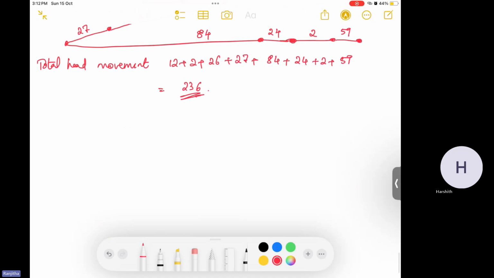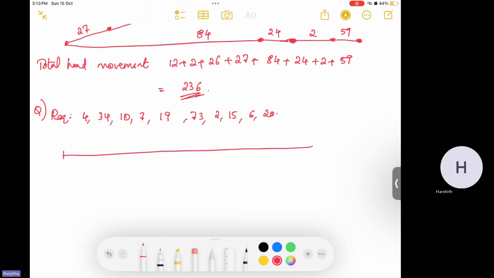Let's take one more example of shortest seek time first. So the requests are 434, 10, 7, 19, 73, 2, 15, 6, and 20. Let's draw this. 0, 100. And head is at 50.